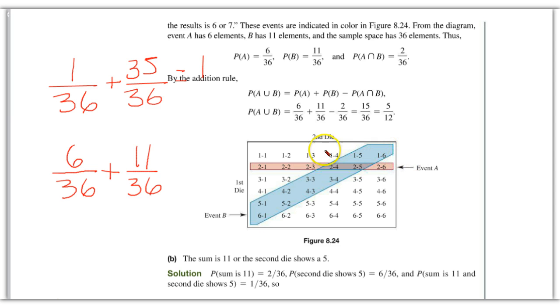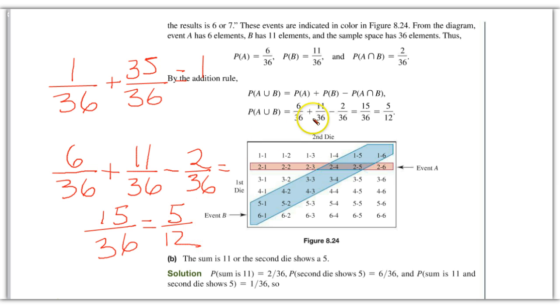But notice, and I like the way they laid this out, that you're going to have 2 that are repeated. So we have to subtract these 2 here, and we end up then with 15 out of 36, and we can take a 3 out of each one, so that would be 5 out of 12.